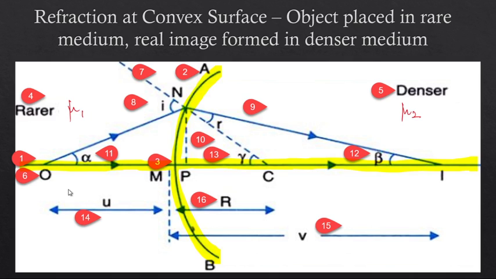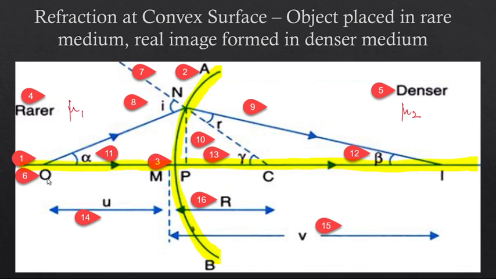Then let us go to the next one. You need to identify the object here. The assumption is that the object is a point object. So this is the object, number 6.